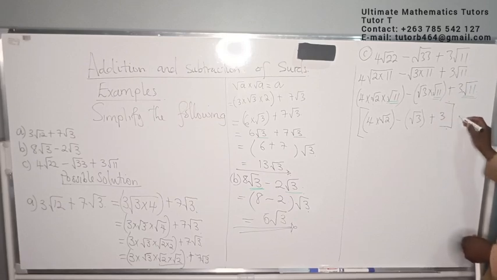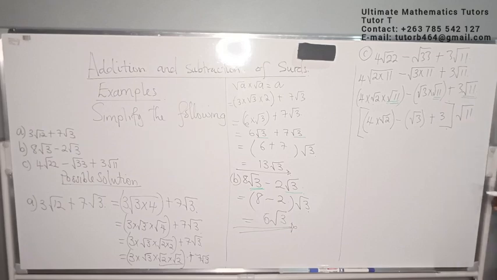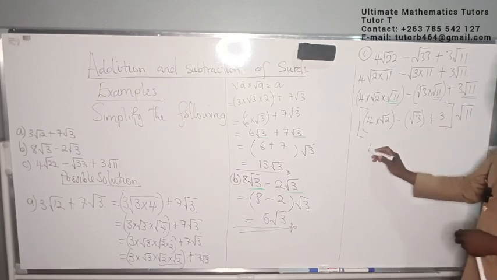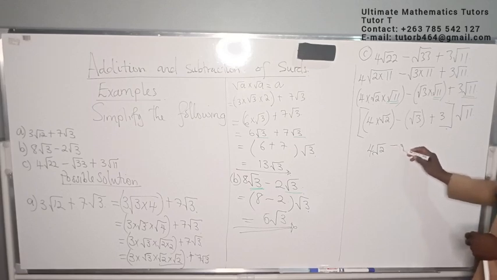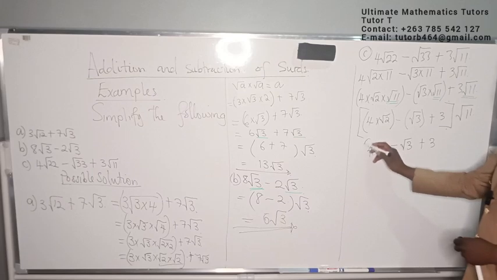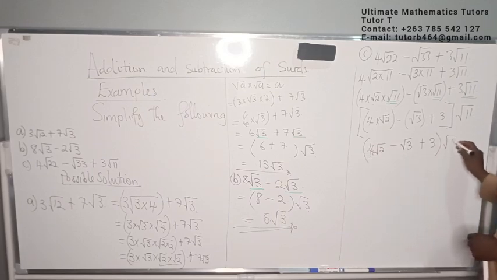Remember what is common, we will factorize it and place it on this side. Now this is the same as 4 root of 2 minus root of 3 plus 3, root of 11.